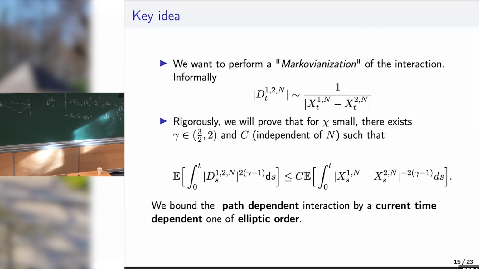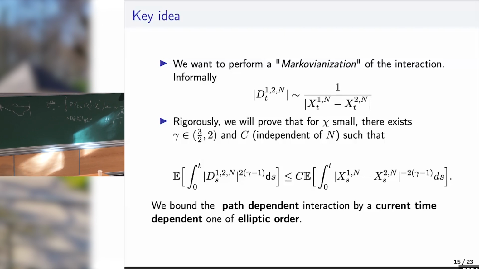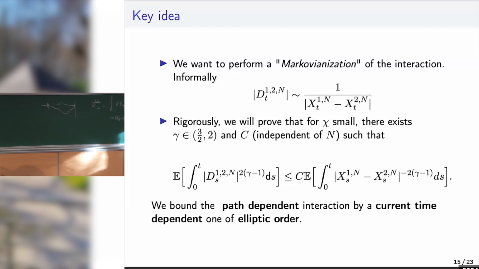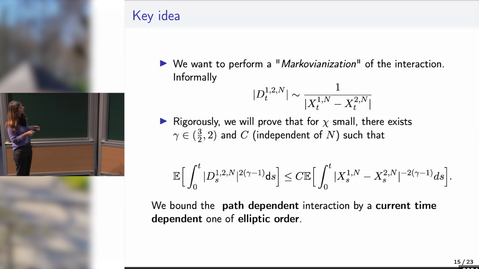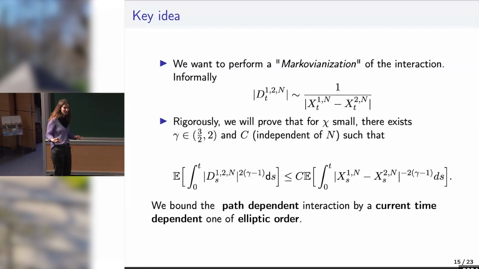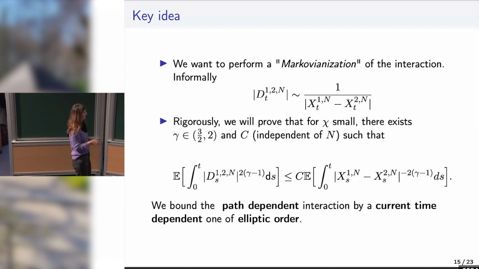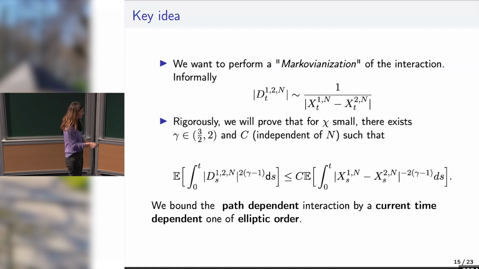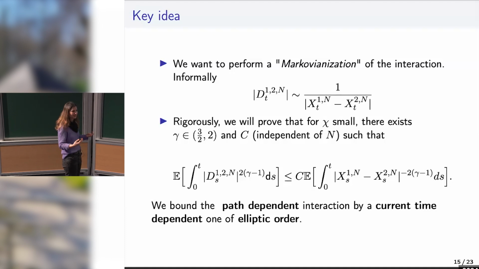But what we prove is something like this, up to an integral, up to a power and an expectation. It is of this order, but it only works for a certain range of parameters here, basically between 1 and 2, I think. But it's still good enough.